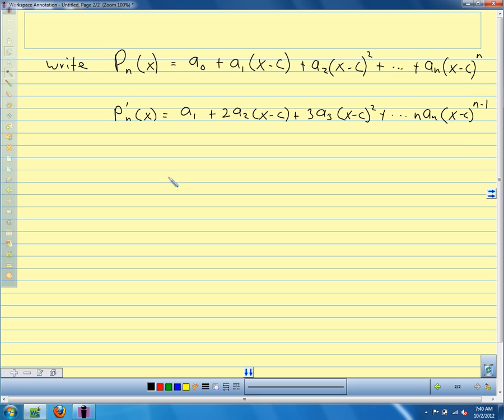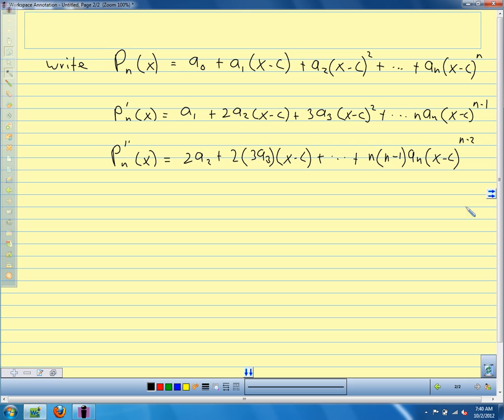And I'm going to take another derivative, the second derivative, p double prime, of this polynomial. And we're going to write what that is. We get 2a2 plus 2 times 3a3 x minus c plus dot dot dot, and then we get plus n times n minus 1 times a sub n x minus c to the n minus 2.